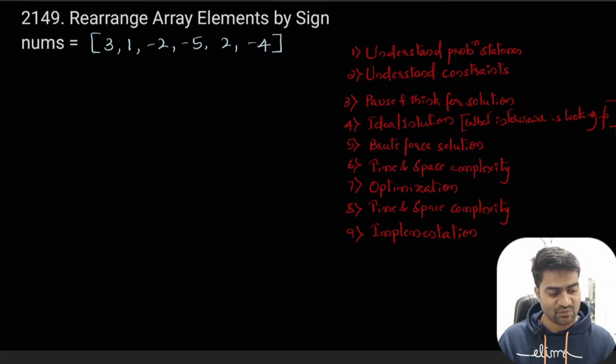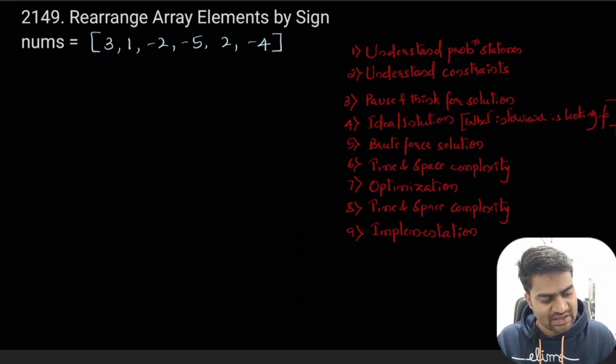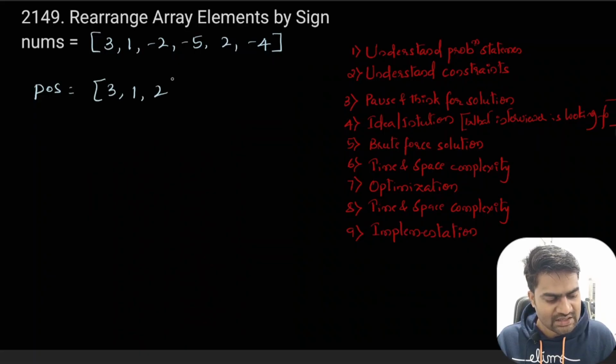If we want to rearrange this, what is the simple straightforward thinking we get? We will take out all the positive numbers, take out all the negative numbers, then club them together. So I will simply take out the positive numbers. The positive numbers will be 3, 1 and 2, correct?